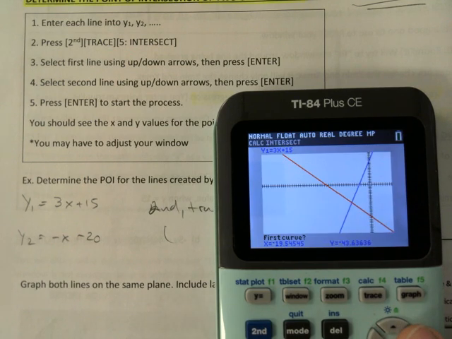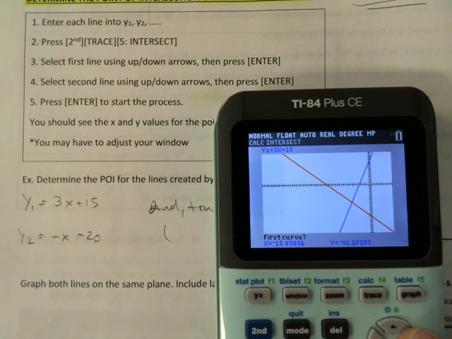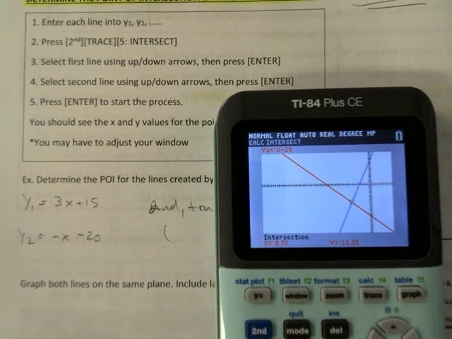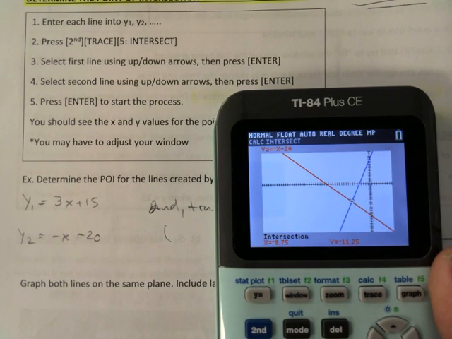Because you only have two lines, you could actually just close your eyes and press enter three times and it's going to find it. But sometimes you're going to be off the window, so I travel up using my side arrows, and then it's going to be enter, and you're already on the other line you're interested in finding the intersection for, and just keep hitting enter, and that's negative 8.75, negative 11.25.